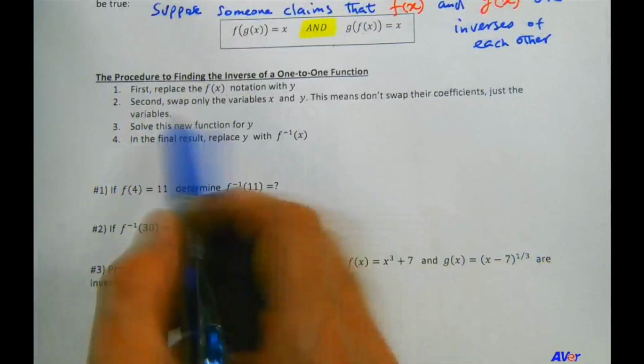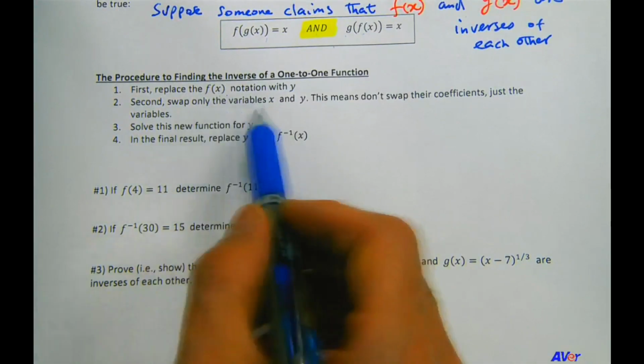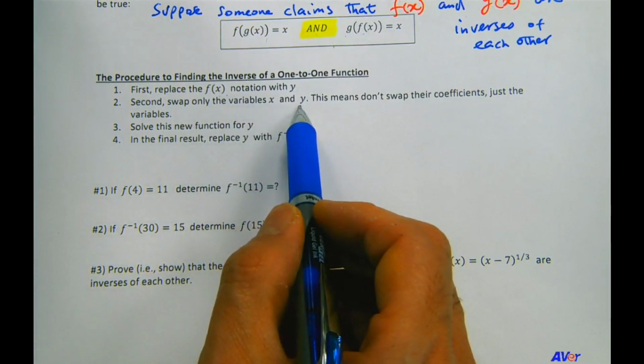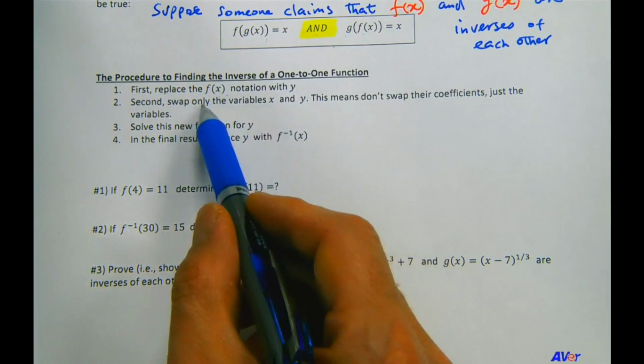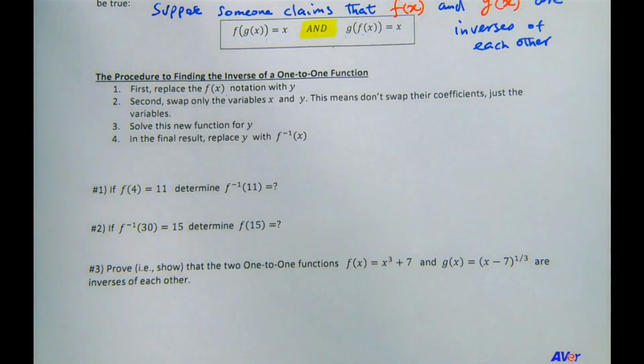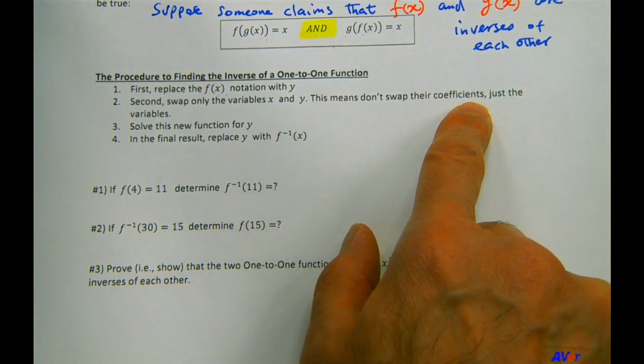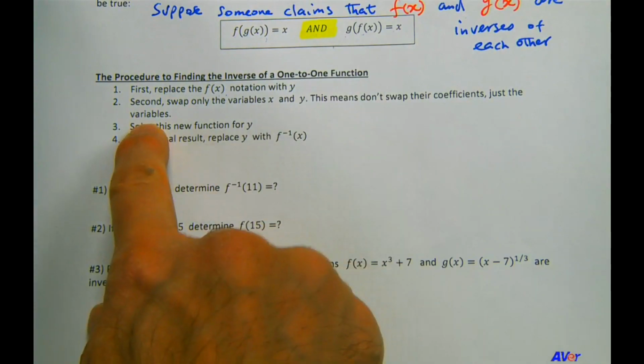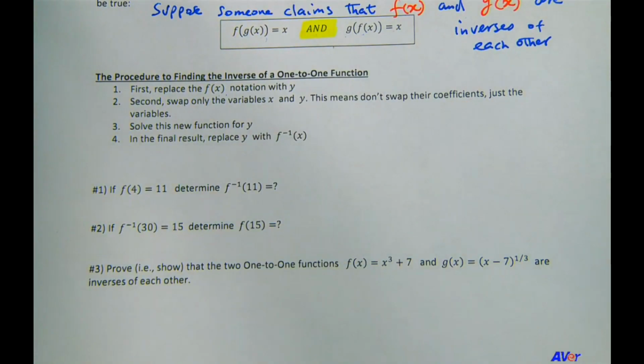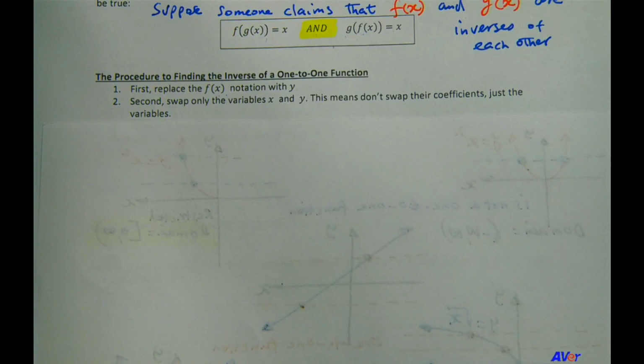Then we swap only the variables x and y. When I say only the variables x and y, that means don't swap their coefficients, just the variables. So this is what that second rule is saying.